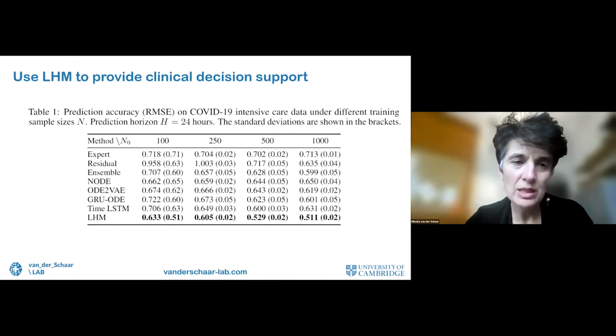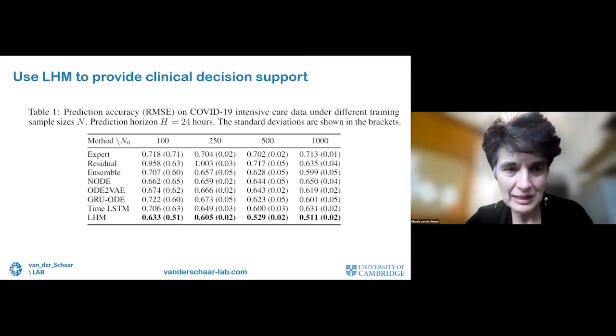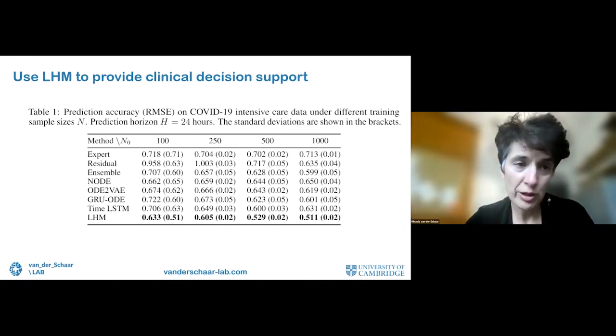However, these models, which are learning not only on the basis of the available data, but also the knowledge of the pharmacologists, were able to learn much more effectively. What you see here is the prediction error associated with a variety of predictions, and the lower the number, the better.